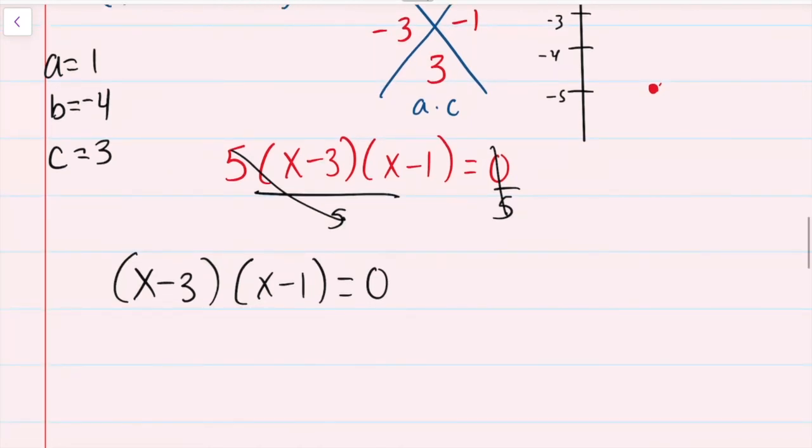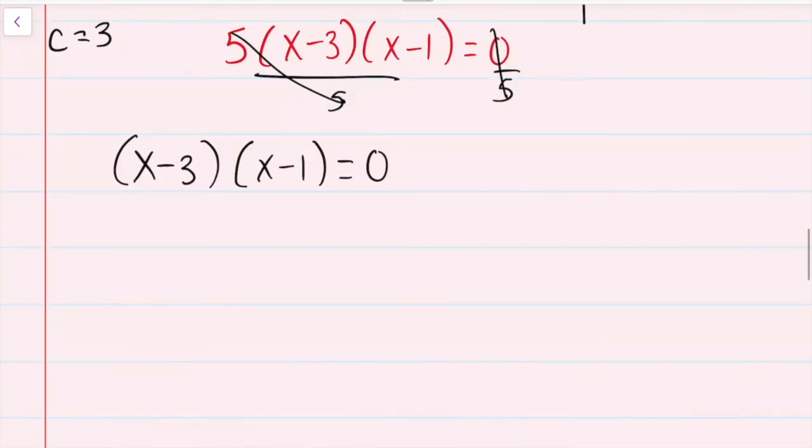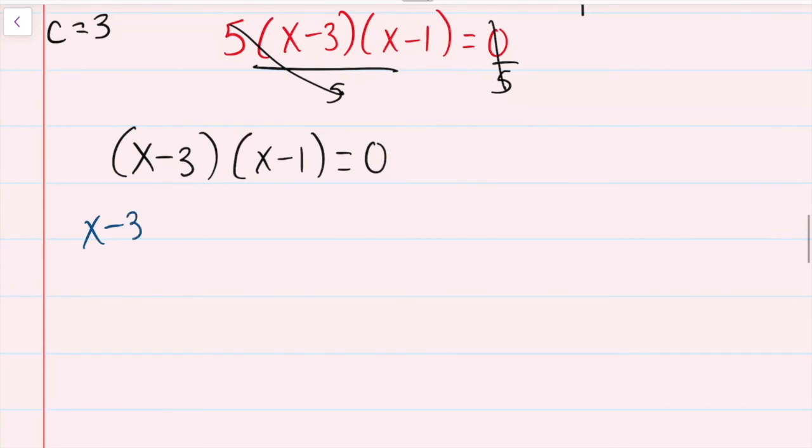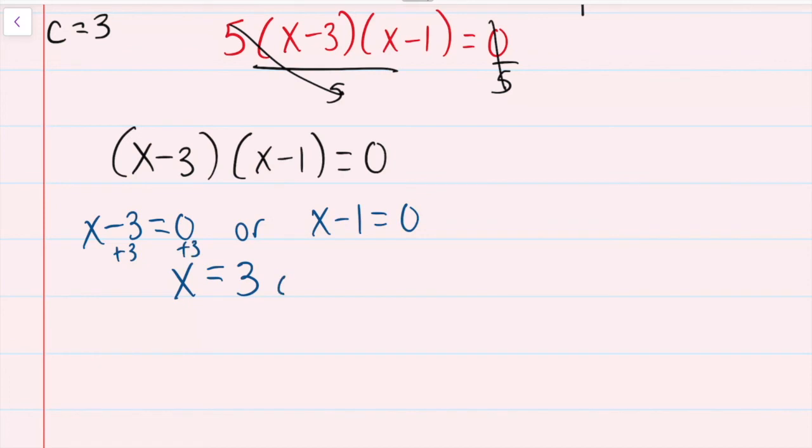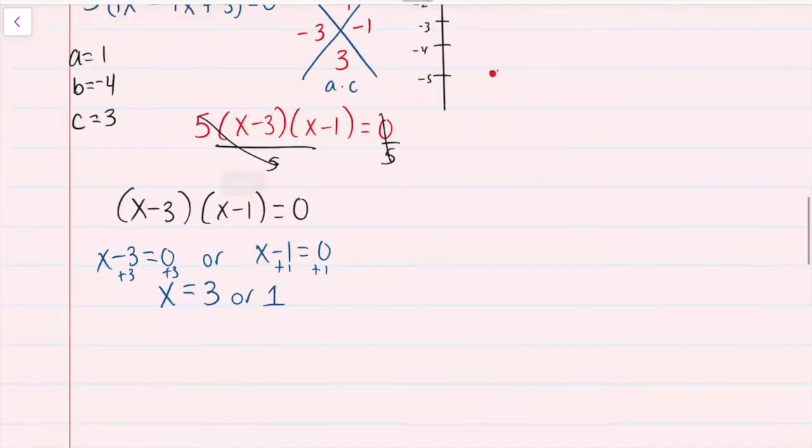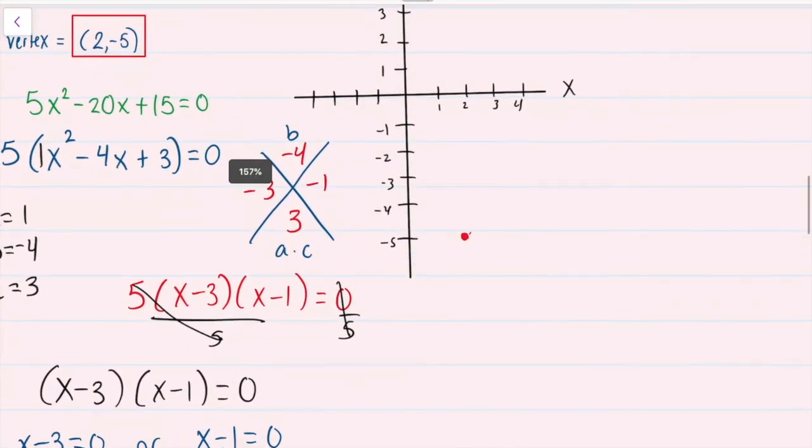It could be x minus 3 equals 0, or x minus 1 equals 0. So what does x have to be? Well, it will be +3, right? When you move it to the other side. +3 or +1.